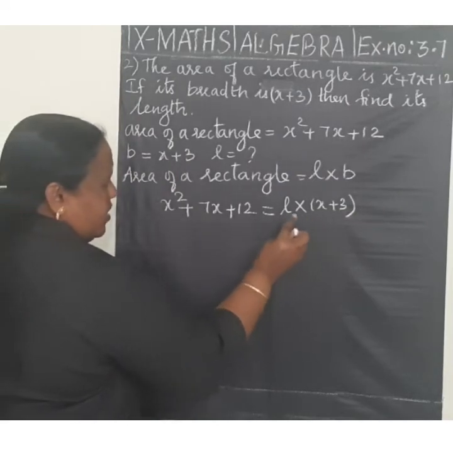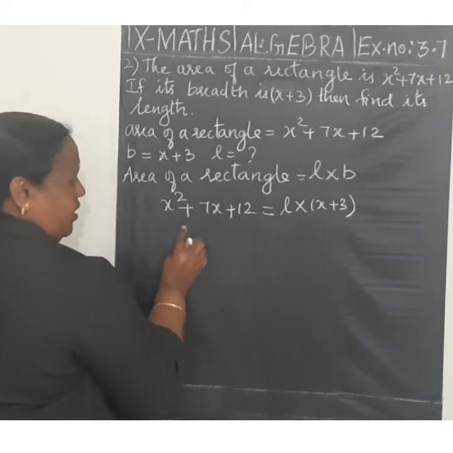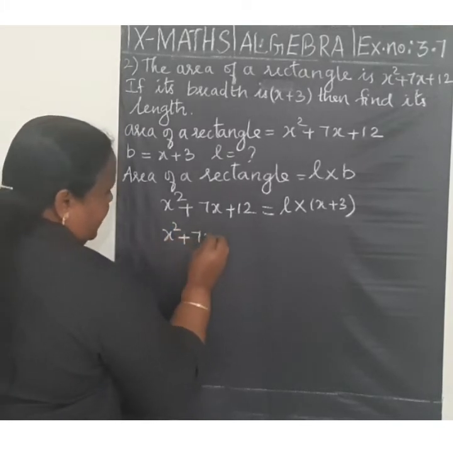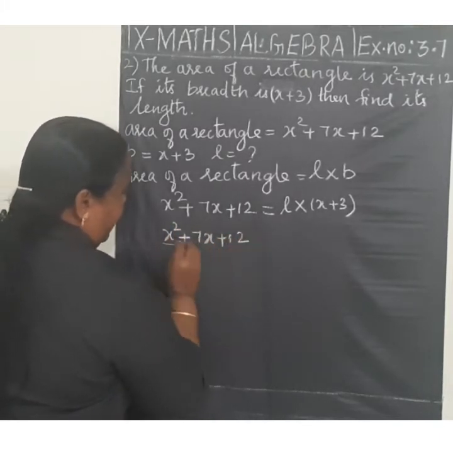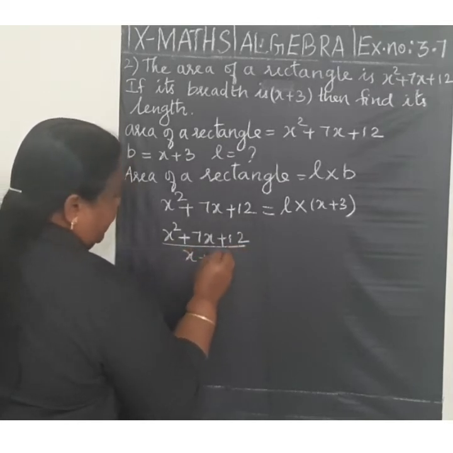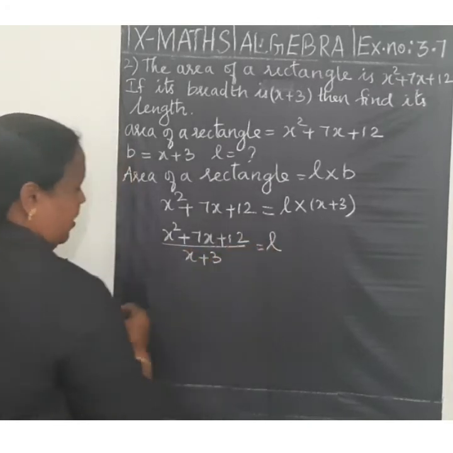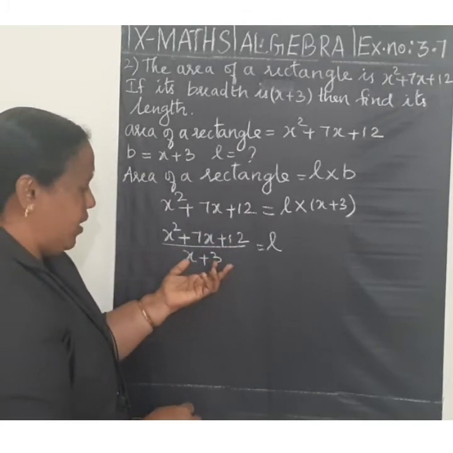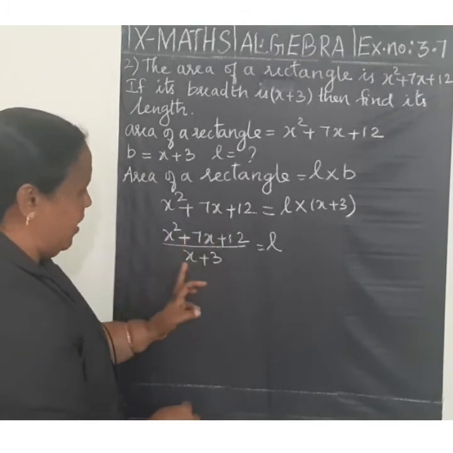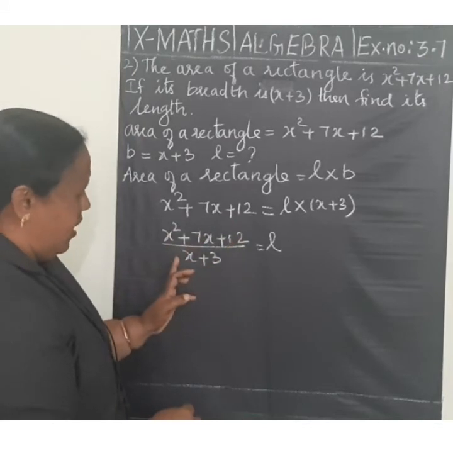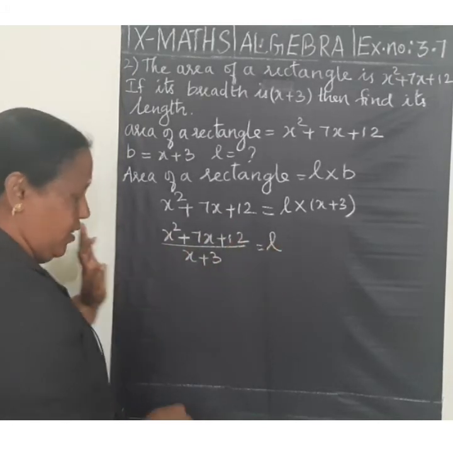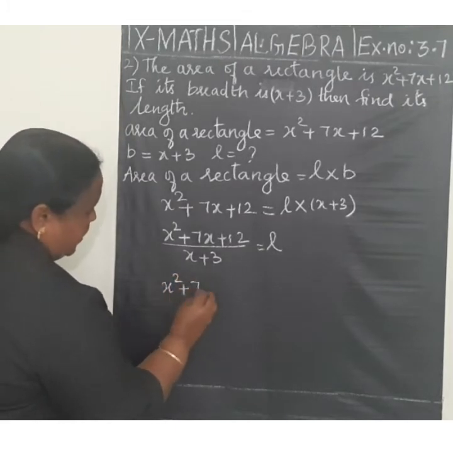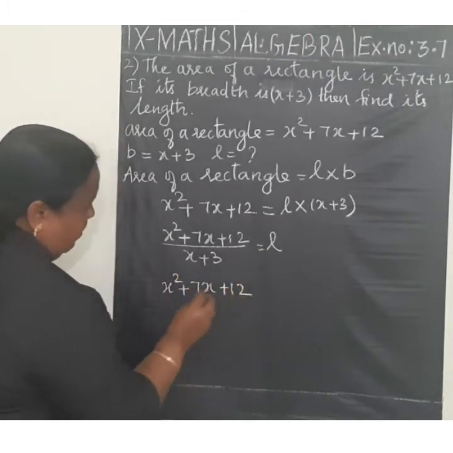When you bring it to this side, the multiplication sign becomes divide. So x square plus 7x plus 12 divided by x plus 3 is equal to L. Now we have to divide this, and what we get is the length.